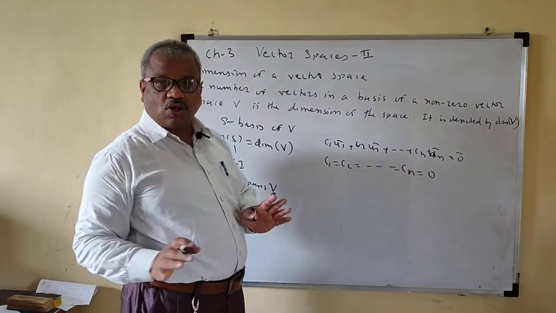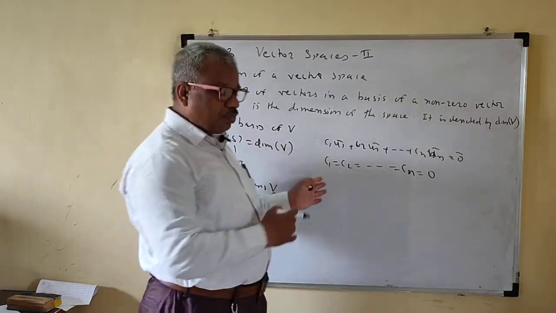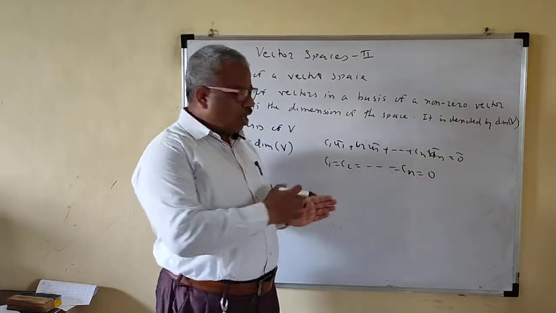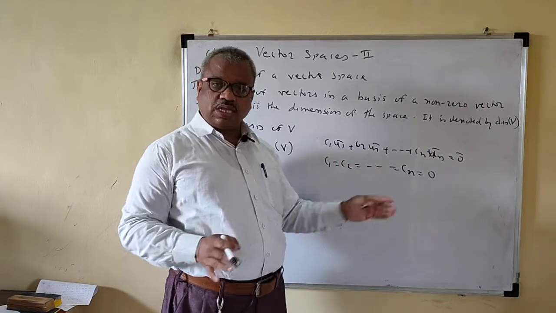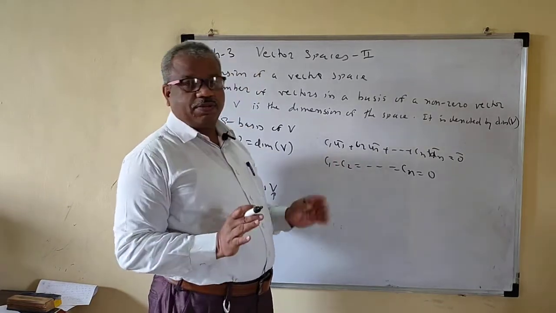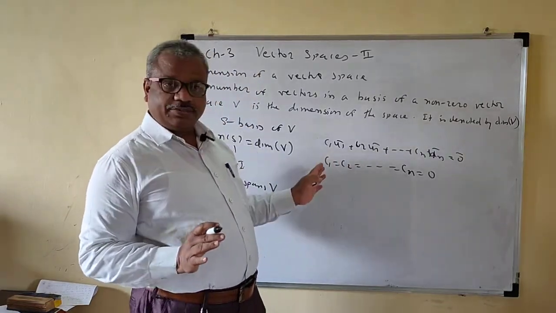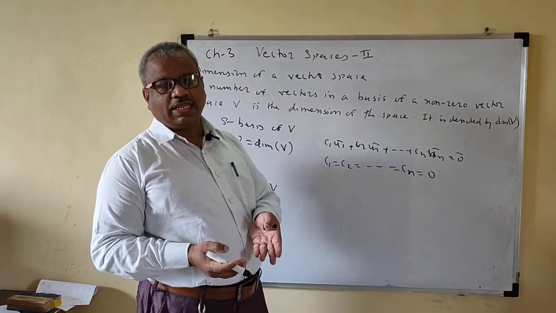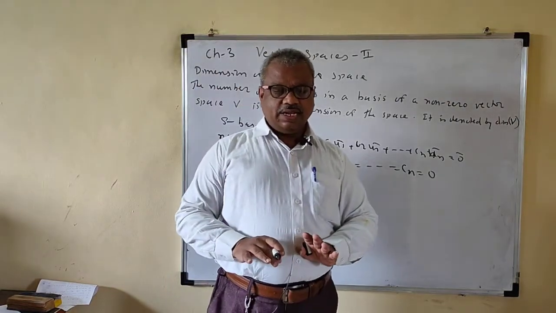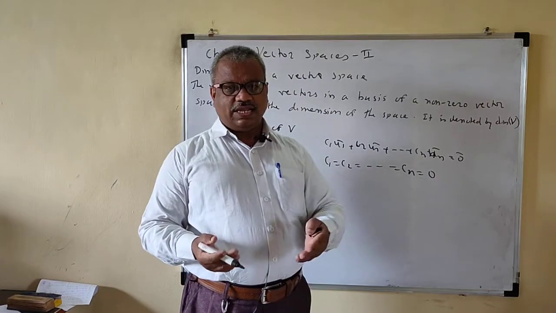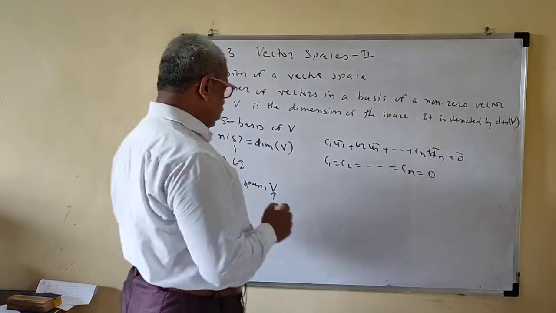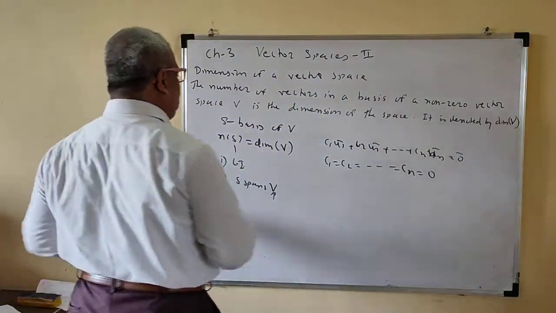If at least one of them is not 0, that is, if c1, c2, ..., cn are not all 0, then they are linearly dependent. So if the vectors are not linearly dependent, they are linearly independent, and if they are not linearly independent, they are dependent. That we have already seen.